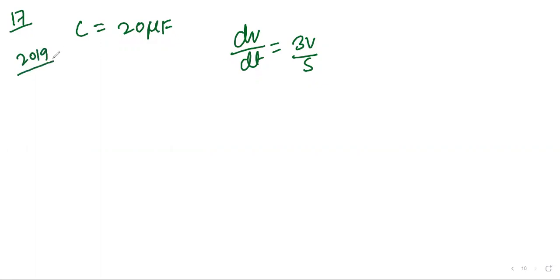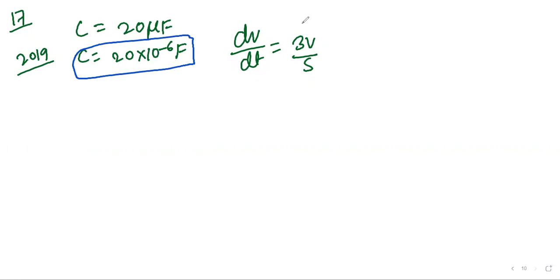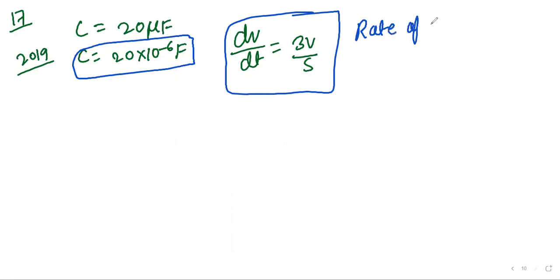So let's see. Capacitance of parallel plate is given, that is 20 microfarad. So convert into standard, so it will be 20 into 10 raised to minus 6 farad. Right, so this will be the C value. Next is rate of change of voltage per second is given, right? So this is the rate of change of potential.